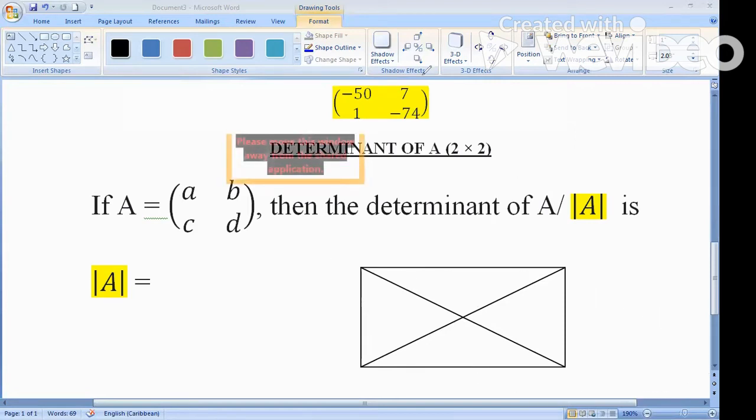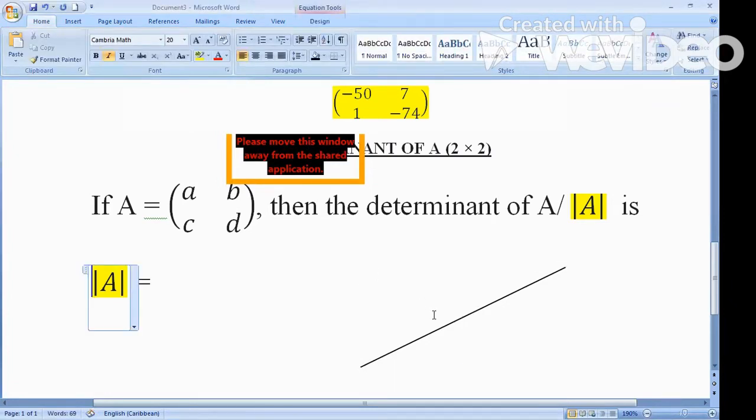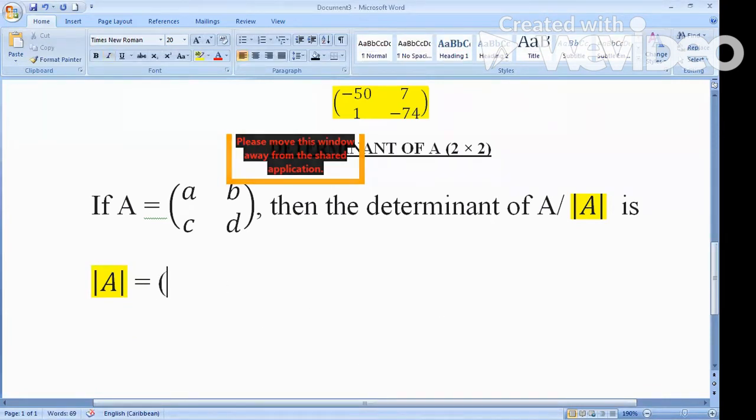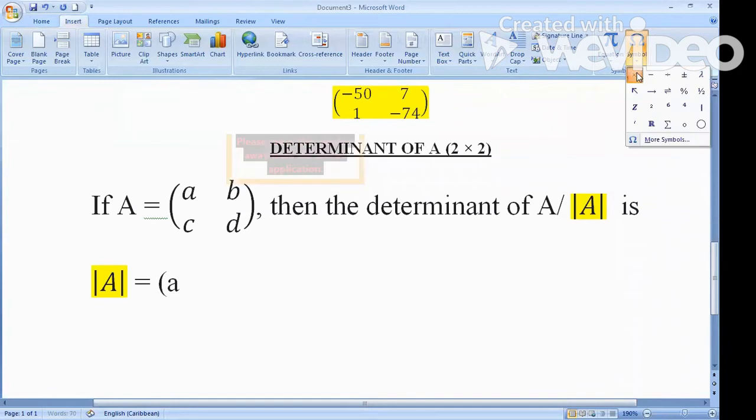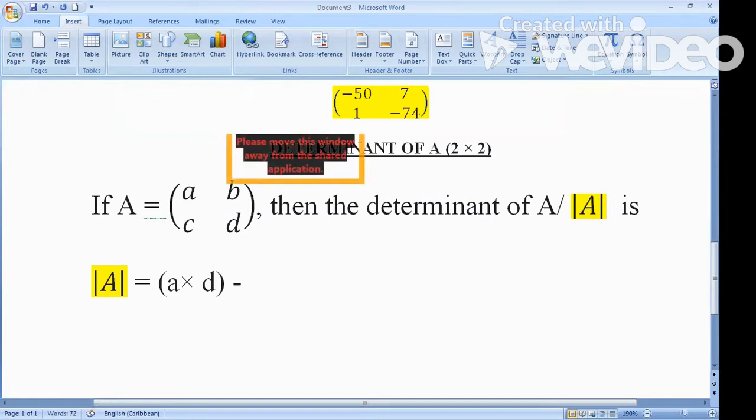So it's a formula. What we do is we find the product of the leading diagonal, which is A times D. Subtract, yes, it's always subtract, it's a formula, the product of the non-leading diagonal.